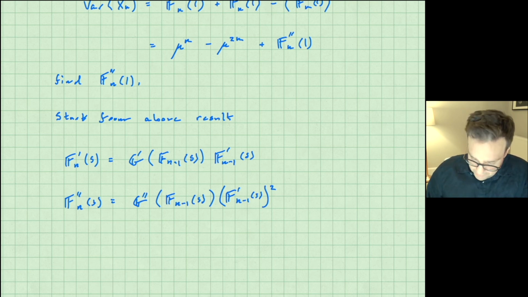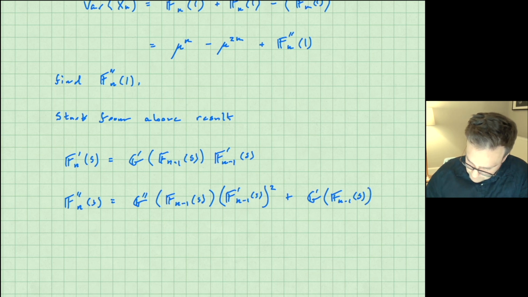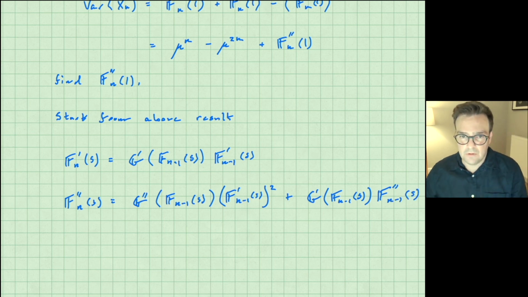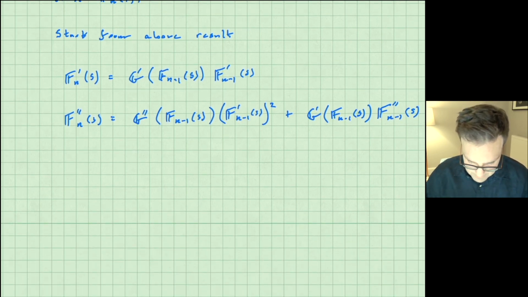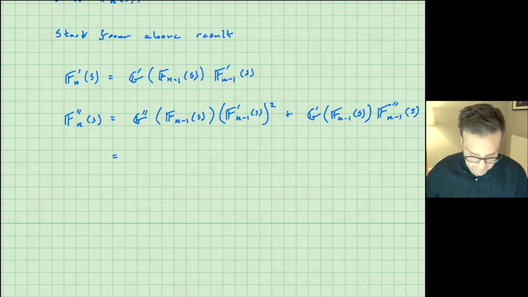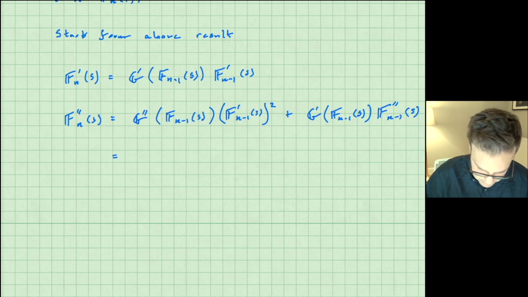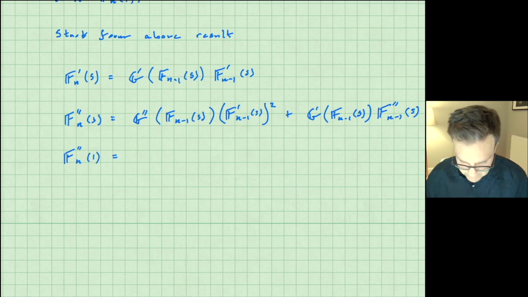And then plus the first term times the derivative of the second. Okay. All right. And now we can clean this up a little bit when we evaluate it at 1, because we're only going to be evaluating at 1.